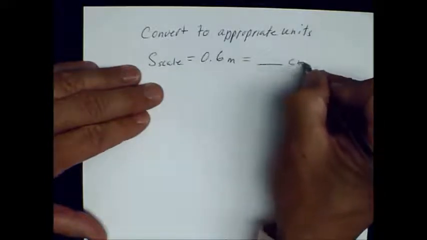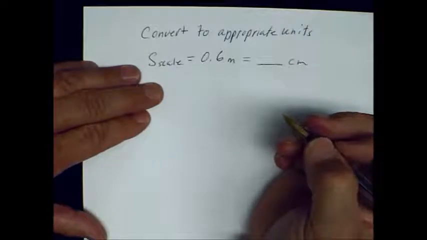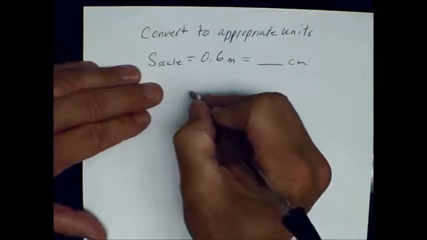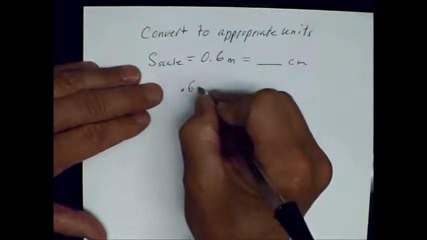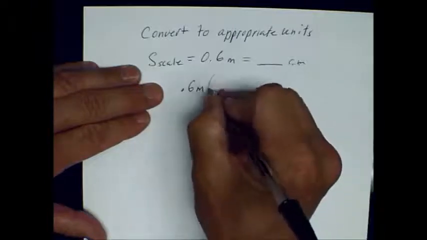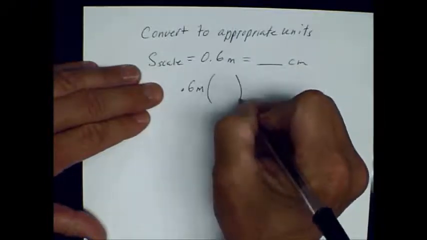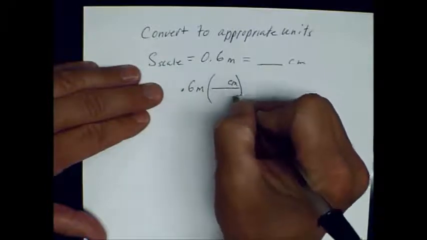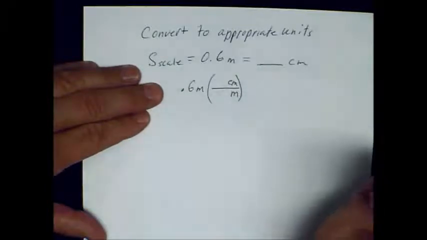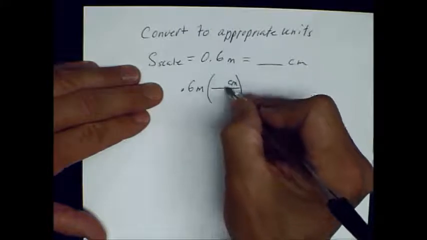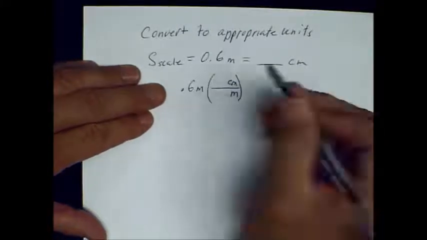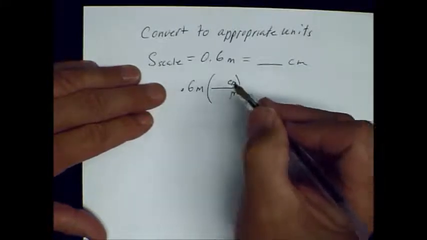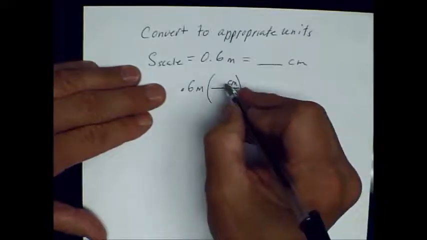in centimeters. So we have a method of converting that, right? So if what we've got is 0.6 meters, we need to multiply it by some conversion factor where we've got centimeters in the numerator and meters in the denominator. And to make this relationship equal to 1, because we can't really change the number, but if we multiply it times 1, we really haven't changed it.